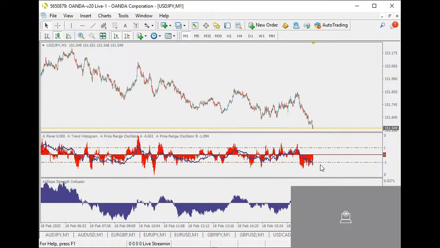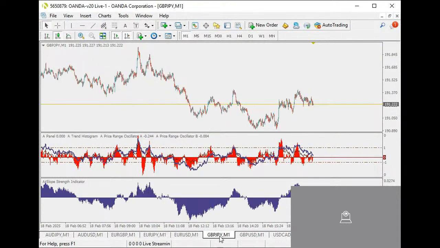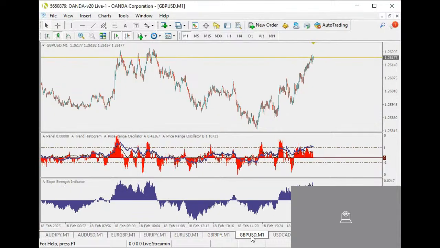But looking at them now, the British pound Japanese yen is no longer strong enough to warrant making trades. And checking the cable US dollar, it is still strong. So if I were going to trade any of the 10 pairs this morning, it would be the cable US dollar.